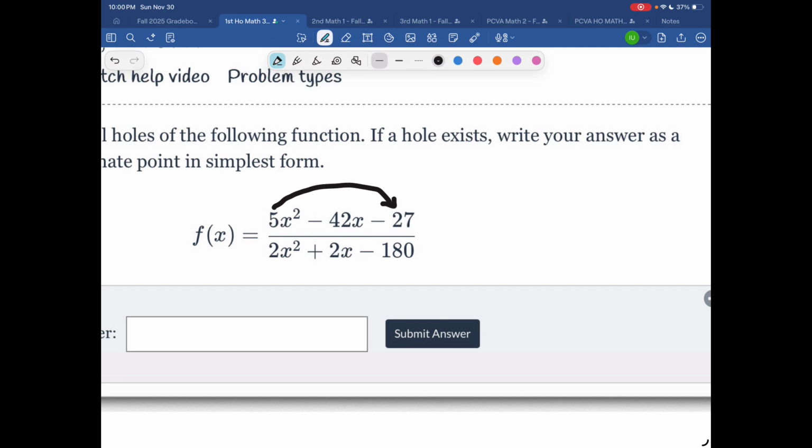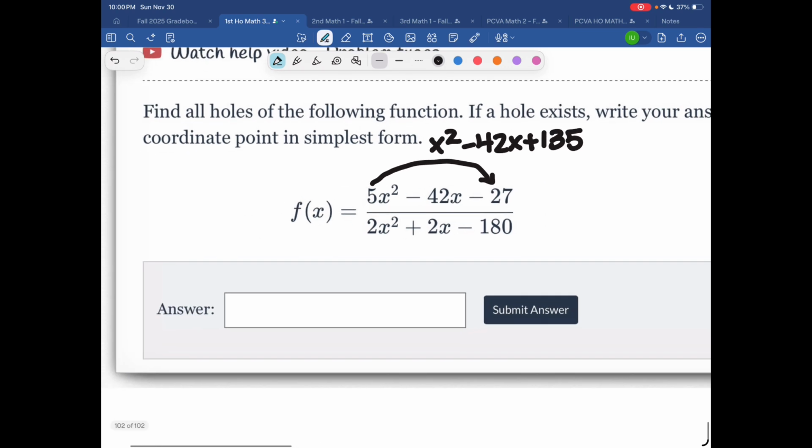So this is going to be x squared minus 42x plus 135. We're going to be looking for the multiples of 135 that add to give me negative 42.